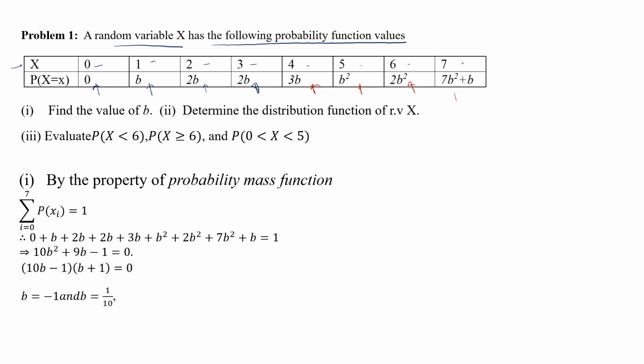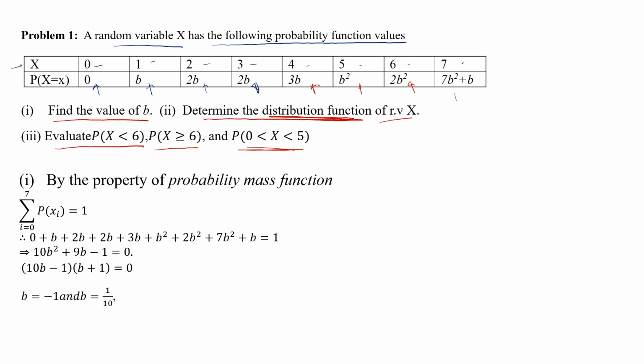Here we have to find the value of b and determine the distribution function of random variable X. This distribution function is a discrete distribution, so we can also say cumulative mass function. Also we have to evaluate probability X is less than 6, probability X is greater than or equal to 6, and when X lies between 0 and 1.